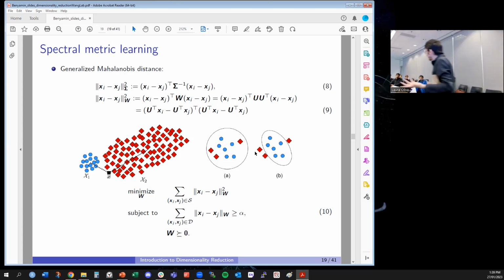So the generalized Mahalanobis distance says let's find some subspace, project onto that subspace, so that the classes become kind of having the same variance, and then use the Euclidean distance. This is what I did. And spectral metric learning says that I want to learn this U matrix in this generalized Mahalanobis distance in a way that the classes are discriminated better.